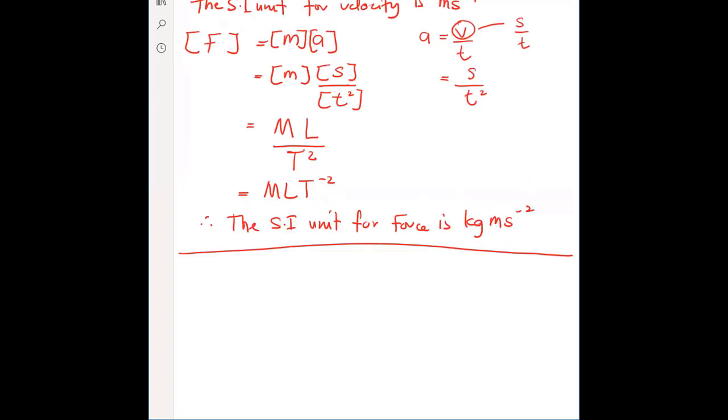Okay, the second purpose of dimensional analysis is to check whether the equation is dimensionally correct, or we call it homogeneous, or dimensionally incorrect, also called not homogeneous. Let me write it here. If it is dimensionally correct, it means homogeneous.